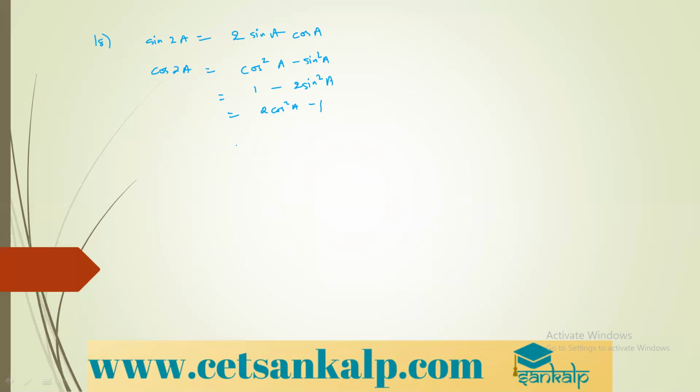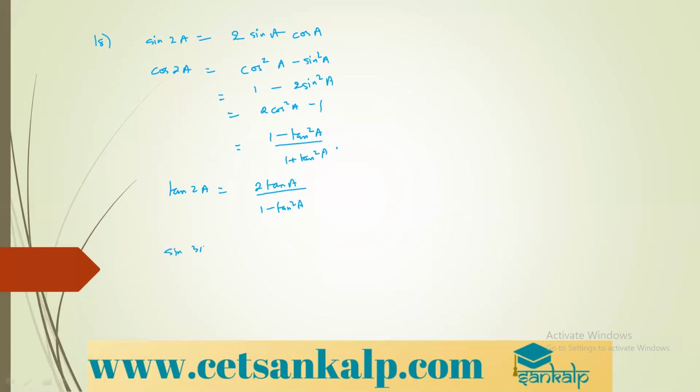Not only these, one more formula is also there: (1 minus tan square A) by (1 plus tan square A). Then the tan 2A formula is 2 tan A by (1 minus tan square A).